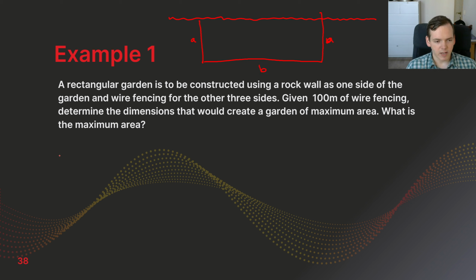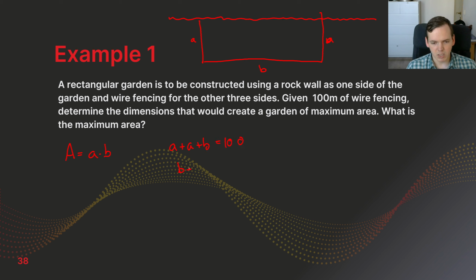So we want to find area. Well, we know area is going to equal A times B. The problem is we've got two variables now, so I can't very well take the derivative here. But we know that A plus 2B is equal to 100.